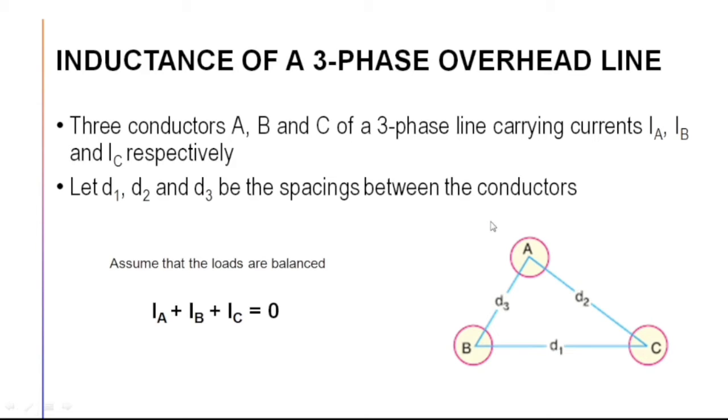This is the conductor A, it is carrying a current of IA, and this is the conductor B, it is carrying a current of IB, and this is the conductor C, it is carrying a current of IC.